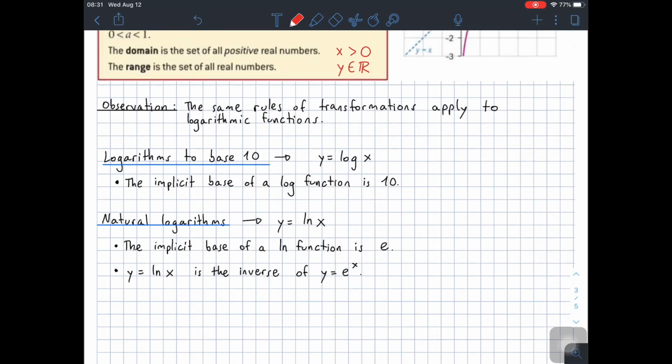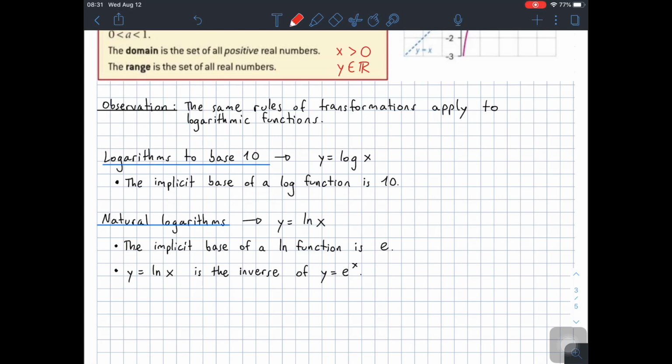Okay. Finally, there are two types of logarithms that we're going to center on. Actually, there are only two that exist, one of them being logarithm to the base 10. Whenever you see, for example, y equals log of x, when there's no number here, there's no base, the implicit base is 10, okay?